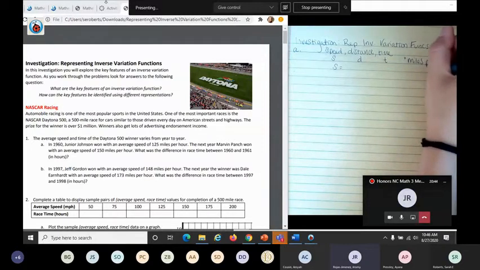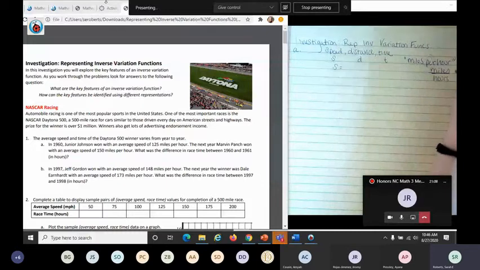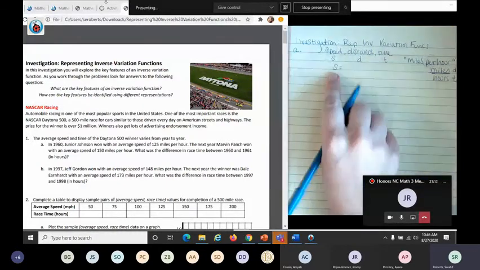Isn't it 1 times what? Miles, what does the per mean? It's times. No, it's dividing, miles over hours. So how many miles do you drive in one of those hours? Okay. So if miles was our distance and hours was our time, how should I relate that to speed?